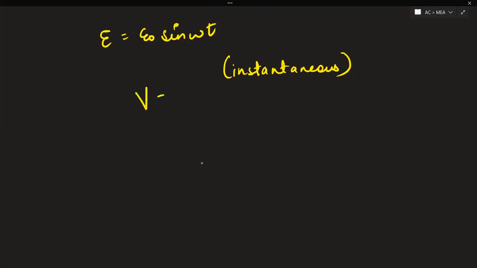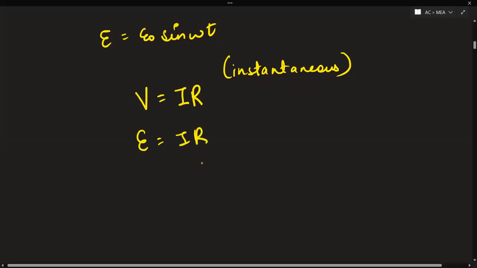Now, if you apply Ohm's law, V is equal to IR, here E is equal to IR. What is the value of E? E is E naught sine omega t. This is equal to IR.